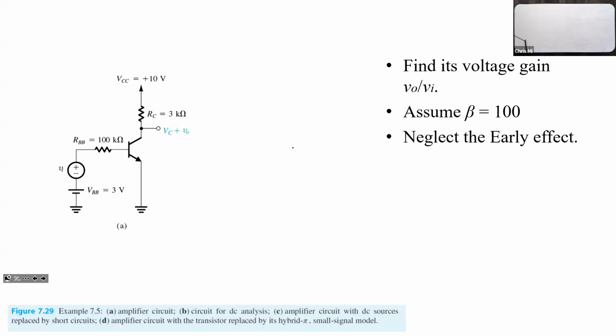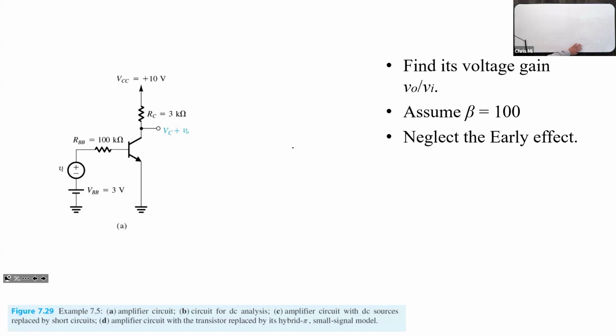So this is an example. We want to find the voltage gain. We want to neglect the early effect. Usually we will tell you to neglect the early effect, but sometimes it does not say that, but it does not give you VA. In that case, you can also choose to neglect the early effect. For this circuit, we want to find the voltage gain.